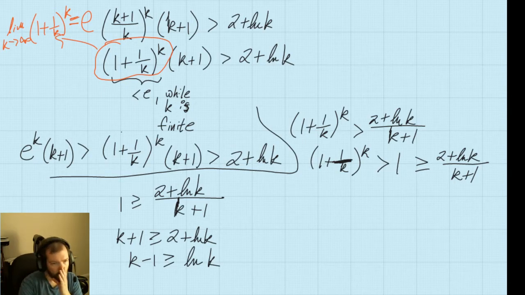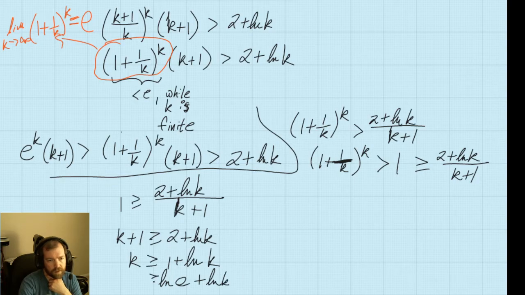Go the other way. 1 plus natural log of k. This is the natural log of e plus the natural log of k, which would be less than or equal to k.